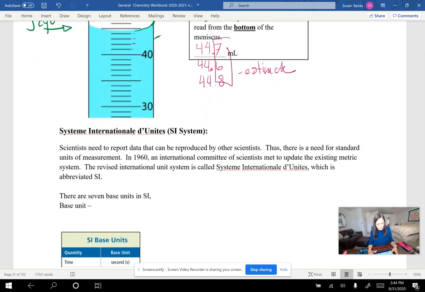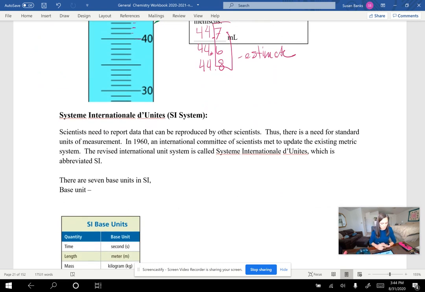So the metric system is actually French. Système International d'Unités, so the SI system. Here in the United States, we call it the metric system. The rest of the world calls it the Système International, or the international system.